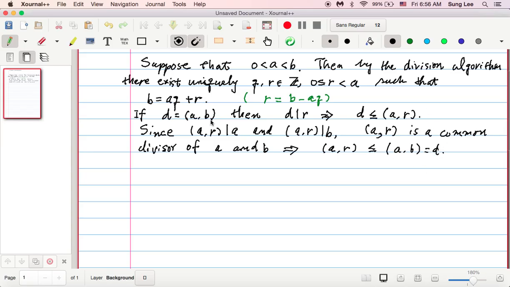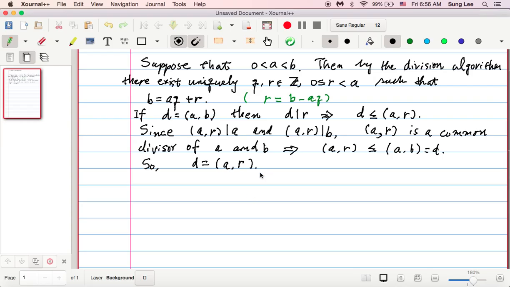So which means that we have D, which is the greatest common divisor of A and B, which is also the same as the greatest common divisor of A and R. Okay, right.